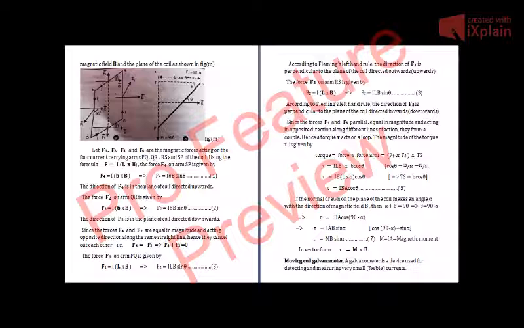So the result of F4 and F2 is 0, which means that arm SP and the other arm QR will not move anyway. They will remain stagnant at their own positions.